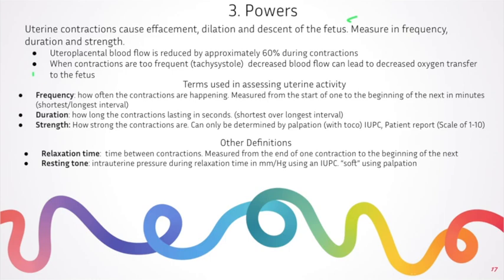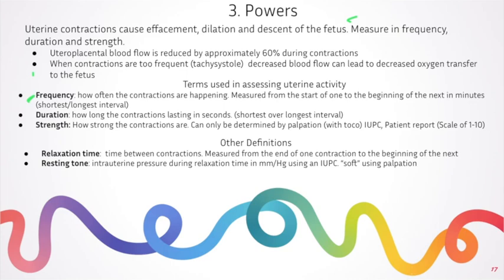All right. Let's talk about terms that we use to assess uterine activity. I already kind of introduced them: frequency, duration, and strength. Frequency is how often your person is contracting. Okay? There's an app that will measure this, but you as a student need to know how to do this. So we measure contractions from the beginning of one to the beginning of the next.